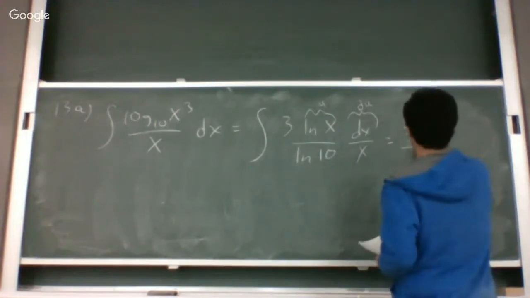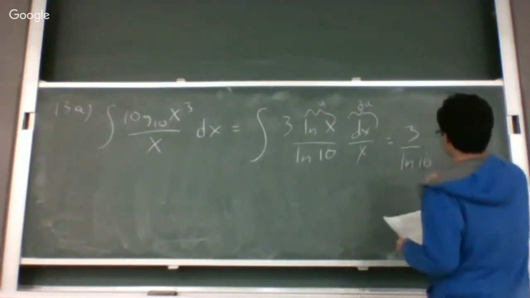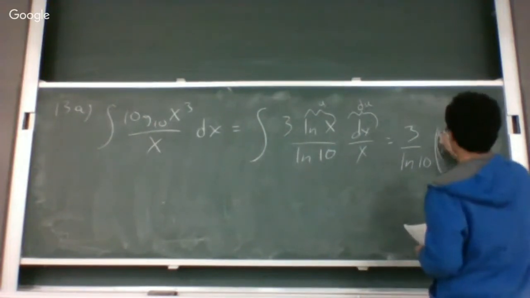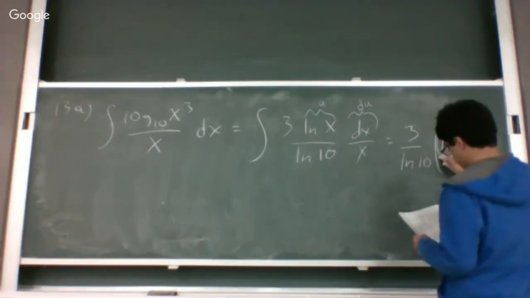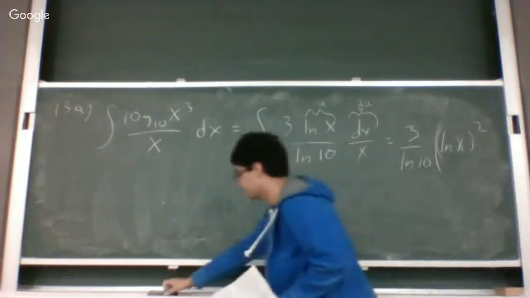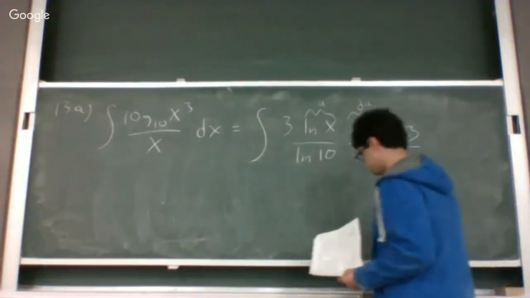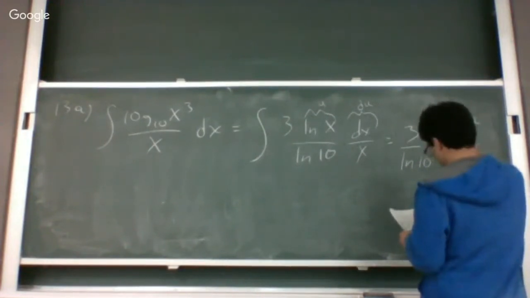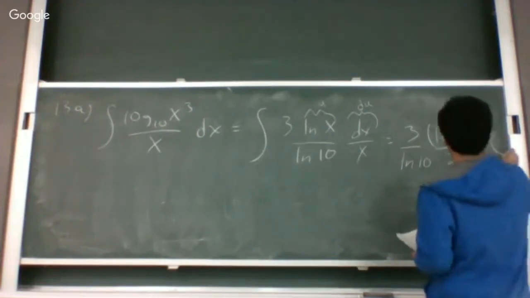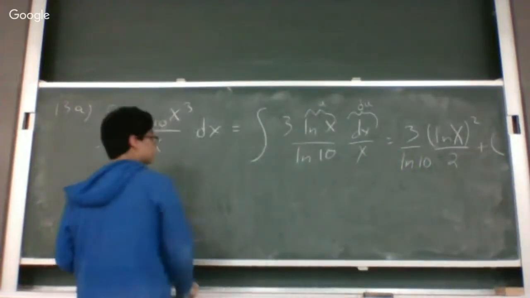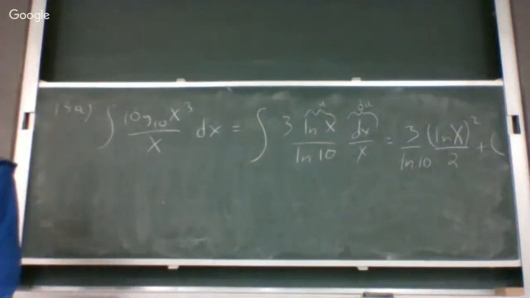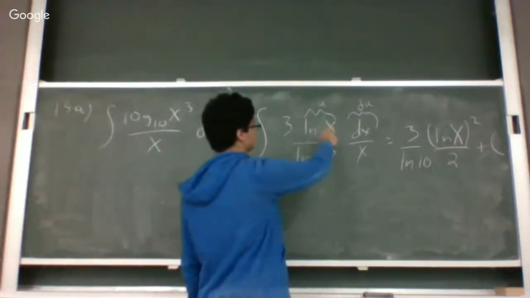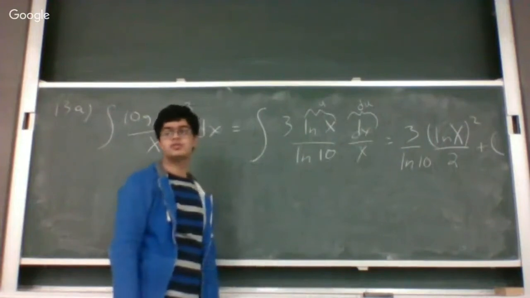In the end, we have 3 over natural log of 10 times natural log of x quantity squared all over 2 plus c. So that would be the answer. It's the integral of u, so we have u squared over 2.